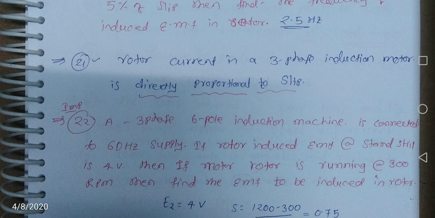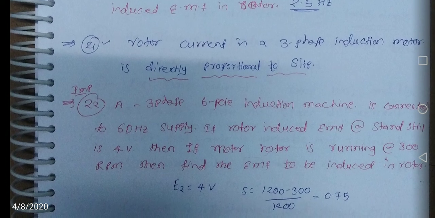At 300 rpm, the slip value is different. So at 300 rpm, the slip value is equal to 0.75.